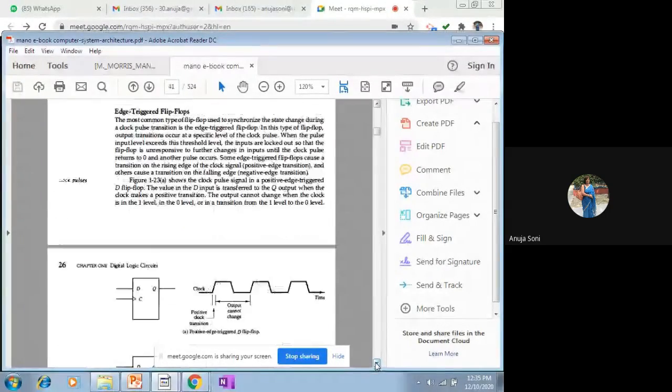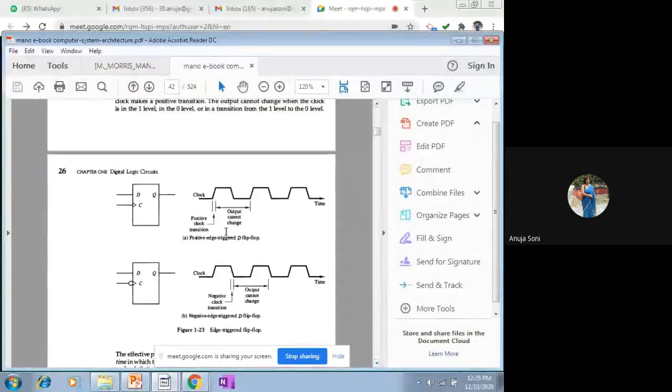Here was some symbolic diagram of the clock. This is a symbolic diagram of clock. I told you basically it's a signal, kind of a signal that represents the clock. Sometimes current is on, sometimes current is off. Basically current is passed on, and whenever there is a current, that value will represent the high state.